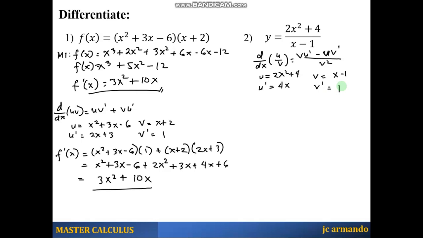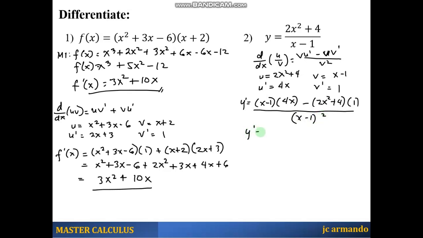Okay, so that's it. To go straight, we just substitute. y prime equals v, x minus 1, times u prime, the derivative of u, we have 4x, right? Okay, minus u, which is 2x squared plus 4, times v prime, which is 1. All over the square of v, we have x minus 1 squared.